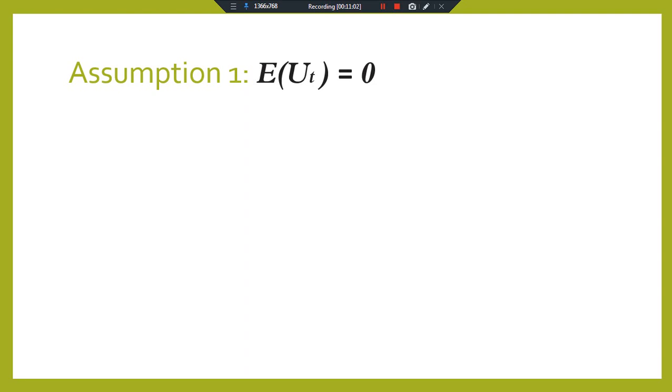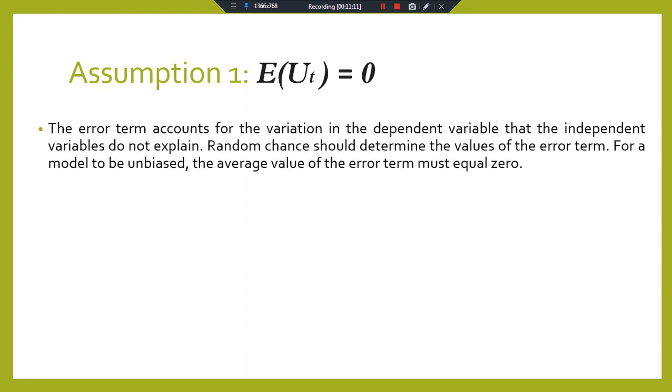You have empirically gone through how you measure the expected value of the error. Let's discuss in detail: the error term accounts for the variation in the dependent variable that the independent variables do not explain. So technically we call the error an unexplained variation, which is not explained by the independent variable.